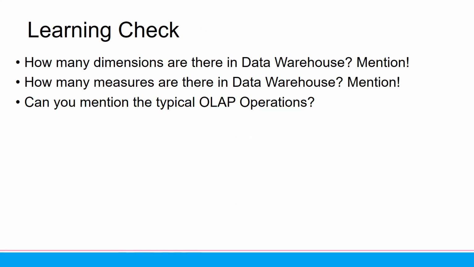We learned at least 3: star schema, snowflake schema, and fact constellation. How many measures are there in data warehouse? We have 3: distributive, algebraic, and the last one is holistic.